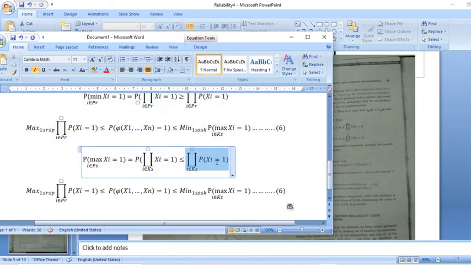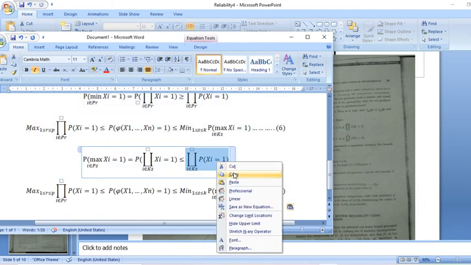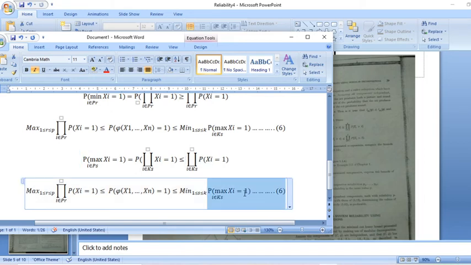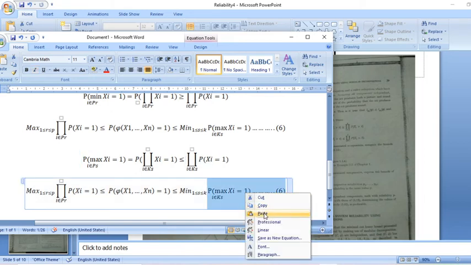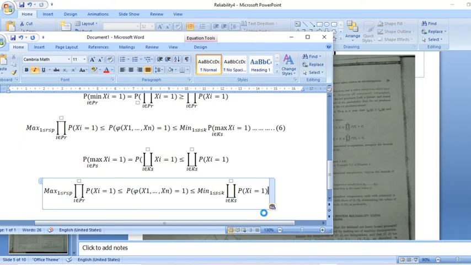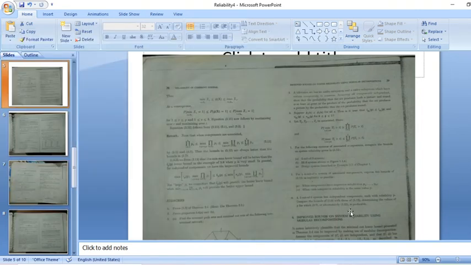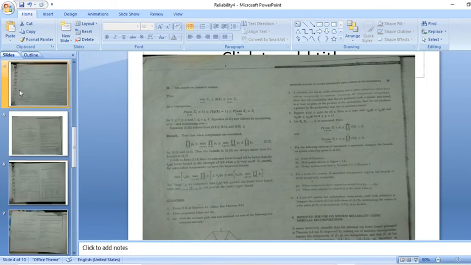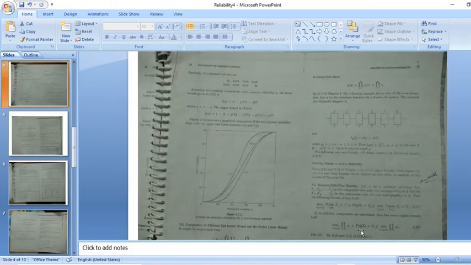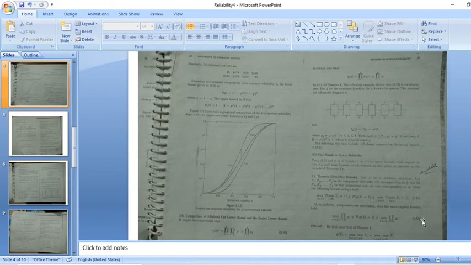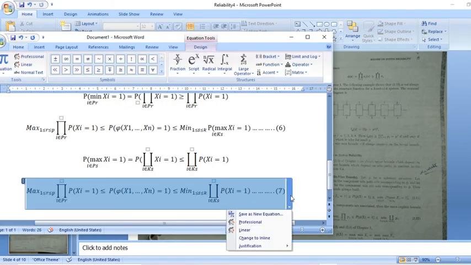We can take this right side and put it instead of the probability of the maximum equal to 1, equation number 7. This is what we have to prove as the corollary, equation 3.12.